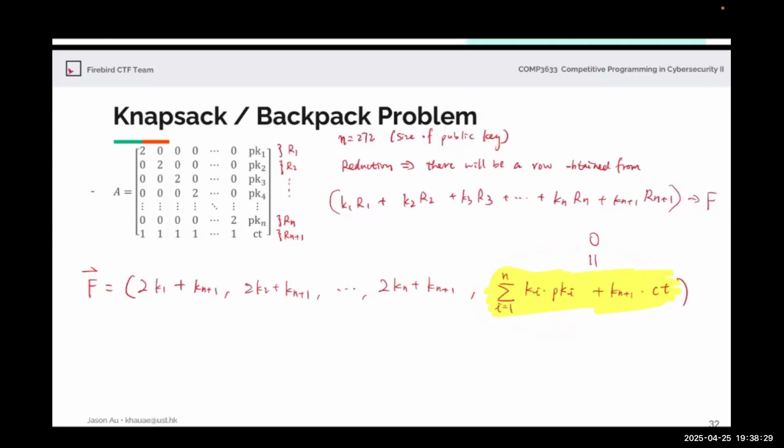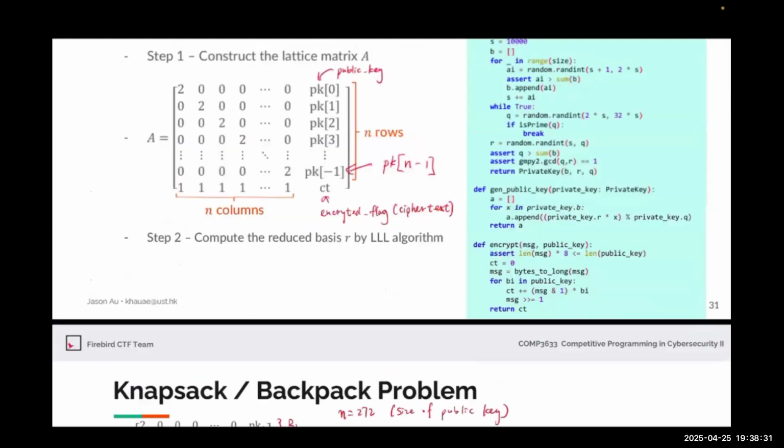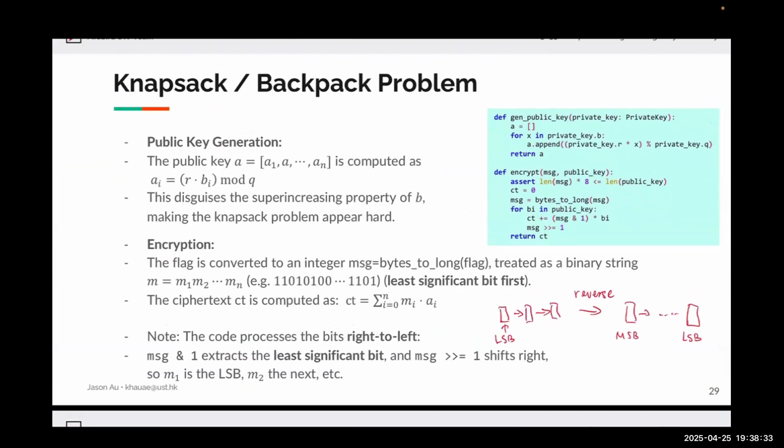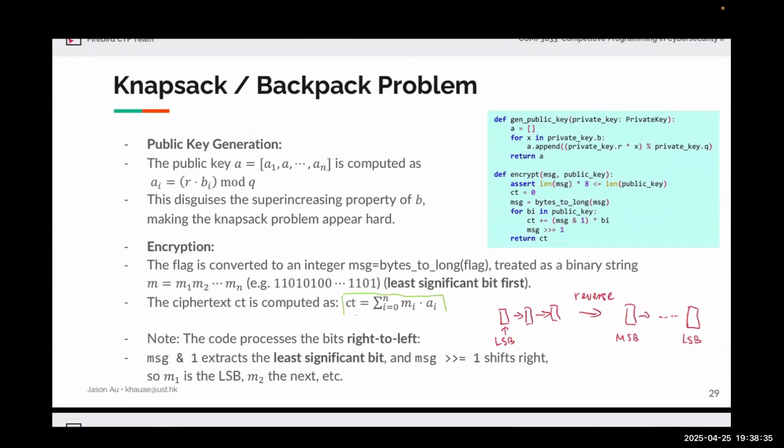And also note that behind the encryption algorithm, we have this one. Okay. The ciphertext is actually the sum of the message vector mi times the public key ai. Sorry, this is not the private key, this is the public key.